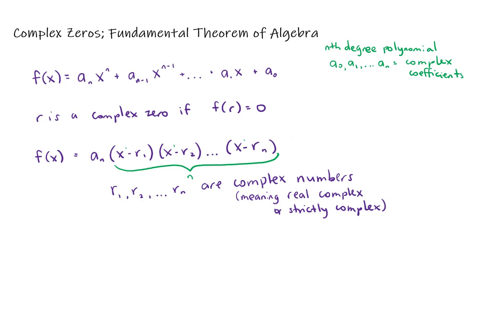So whenever we talked about real roots, it could match the degree, but it could have fewer roots than its degree. But if we allow for complex roots, then the number of complex roots always matches the degree. So if it's an nth degree polynomial, you will have n roots.